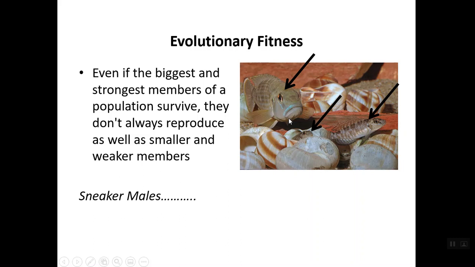These examples are seen in several species, and this is known as the sneaker males, where the sneaker male is the one that actually fertilizes, not the biggest and strongest one, but the smaller one, okay? So remember, evolutionary fitness doesn't necessarily refer to the strongest or more fit individual, as we intend it in lay terminology, but the one that has more reproductive success, okay?